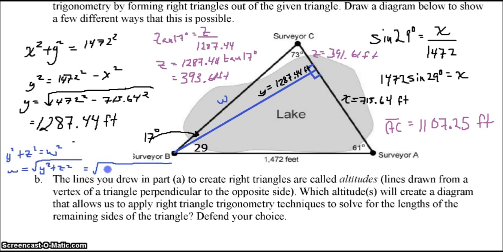I should keep this in order, that's 1287.44 squared plus 391.61 squared. Get about 1,346 feet. And that's the distance between Surveyor B and Surveyor C.